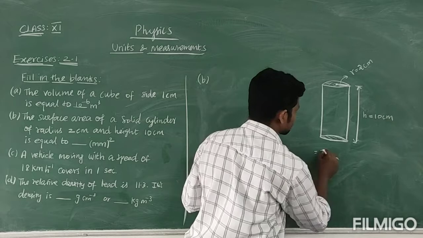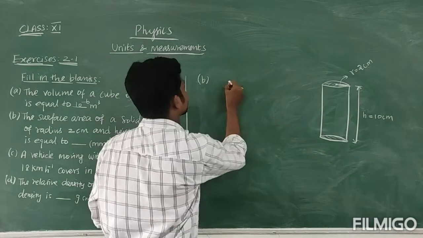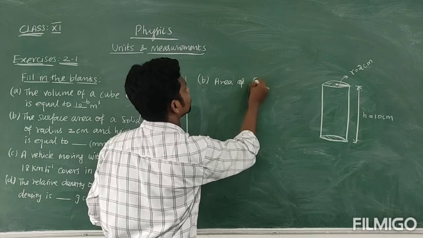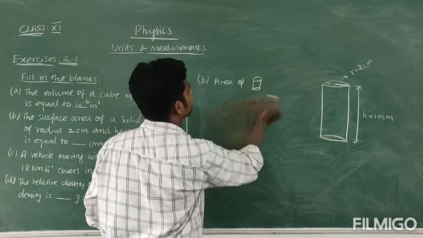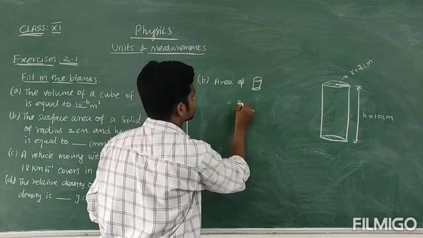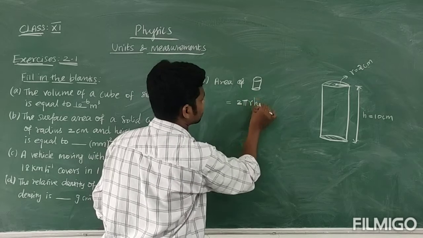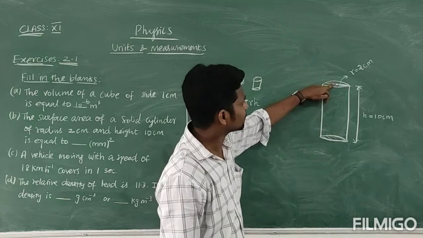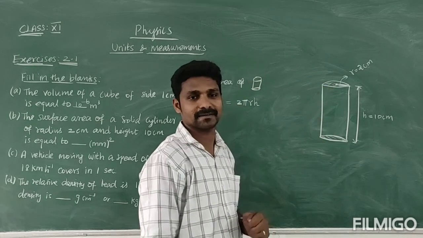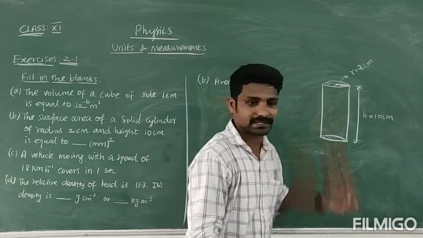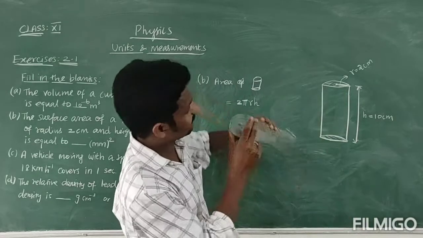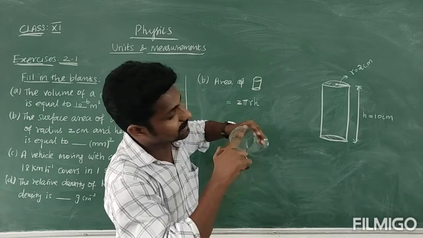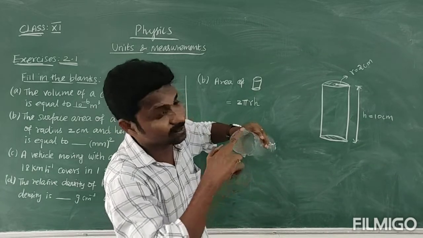So we can write the surface area. I'll write here the area of the solid cylinder. I can write that is 2 pi r h. Then top surface area, then bottom surface area. The top surface is like a round shape, so it is the area of the circle.